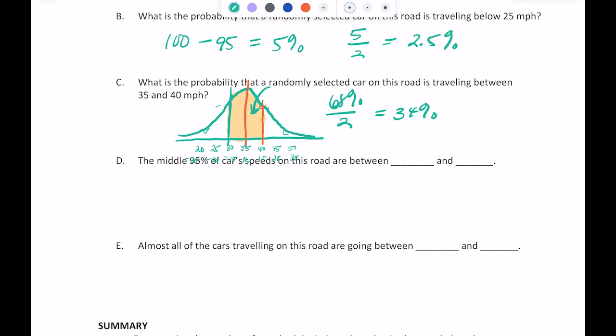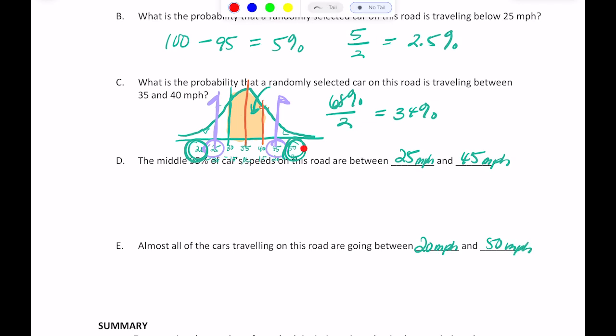Okay, we know that the middle 95% of cars are going to be 2 standard deviations above and below the mean. So we know they're going to be between 25 and 45 miles per hour. And almost all of the cars on this road would be traveling between 20 and 50 miles per hour.